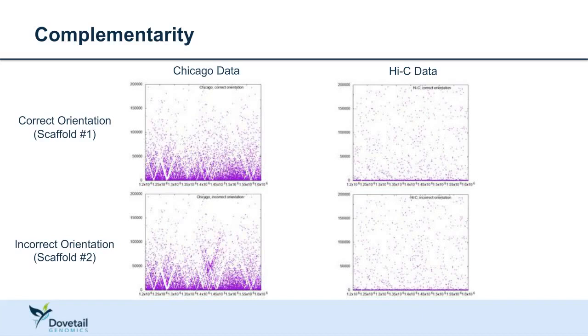So if a pair of reads map very close together, it will appear more at the bottom of the y-axis. If it's mapping further apart, you should see the dot more on the top part of the y-axis.